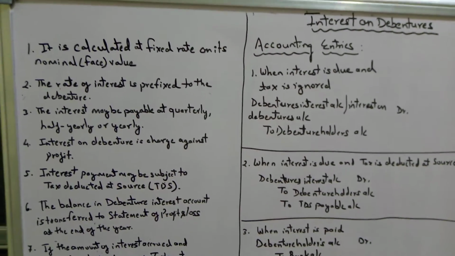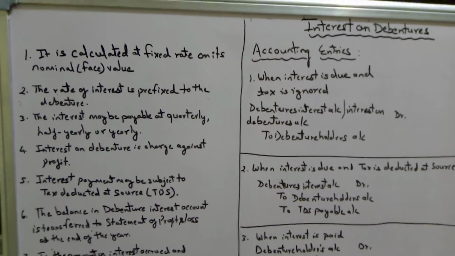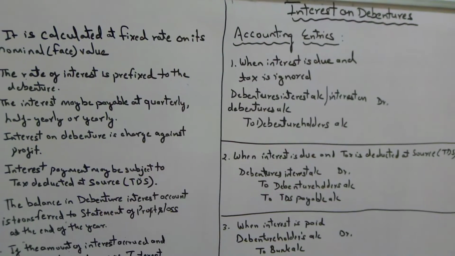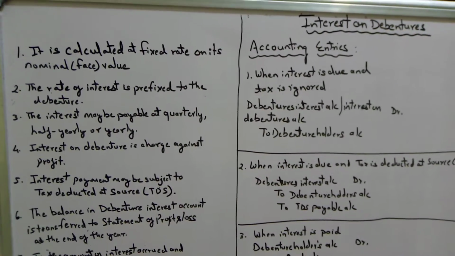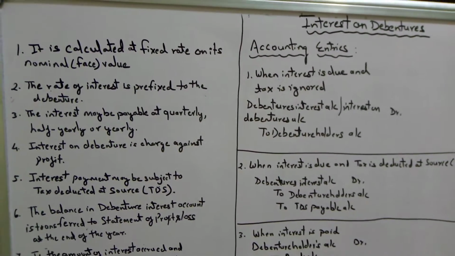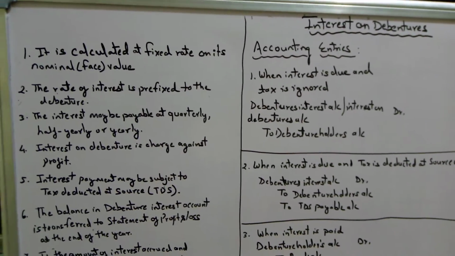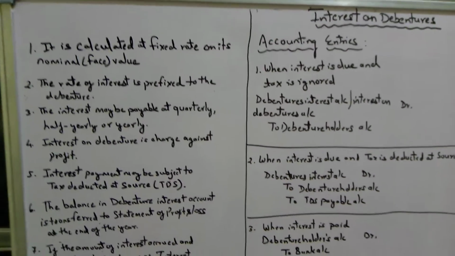If it is said to calculate it half yearly, that means we will be taking 6 months. And if it says quarterly, so 1 quarter is equal to 3 months. So in this way we have 4 quarters. Each quarter consists of 3 months. In this way we have 4 quarters in a year.